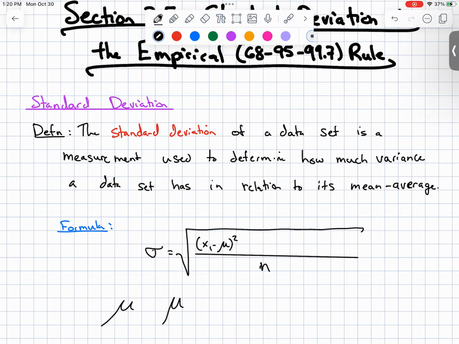So it's x sub 1 minus mu squared, plus x sub 2 minus mu squared, and then plus dot dot dot plus x sub n minus mu squared.